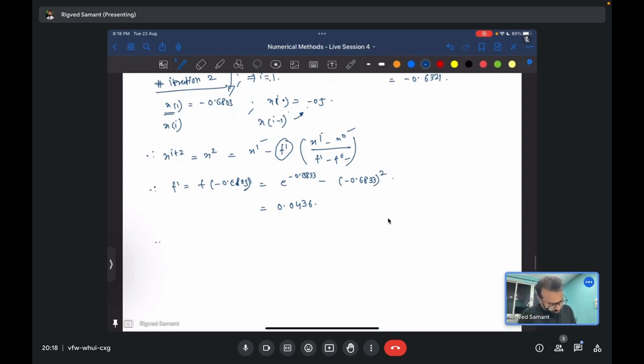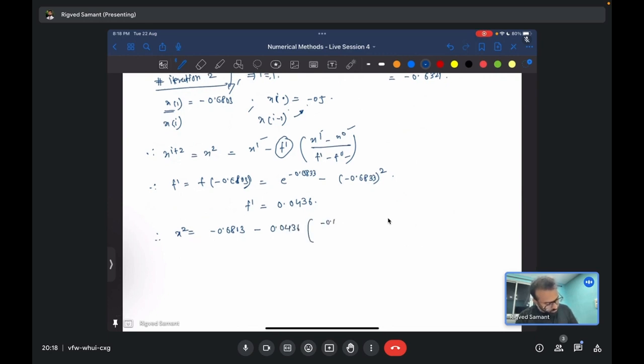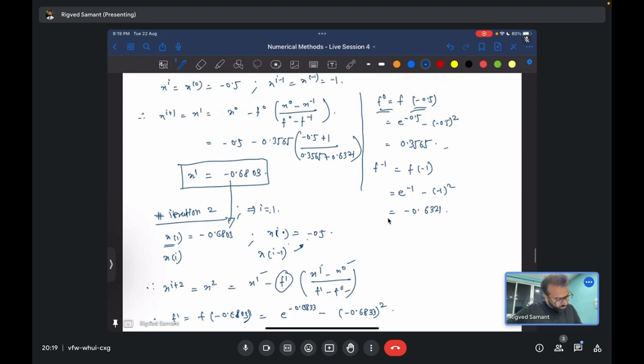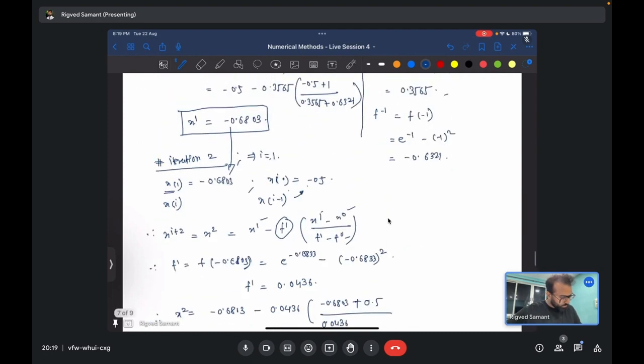Therefore, x of 2 would be, x1 is minus 0.6803 minus f1, 0.0436 into x1 minus x0, that is minus 0.6803 plus 0.5, divided by f1 is 0.0436 minus f0, f0 is here, 0.3565.